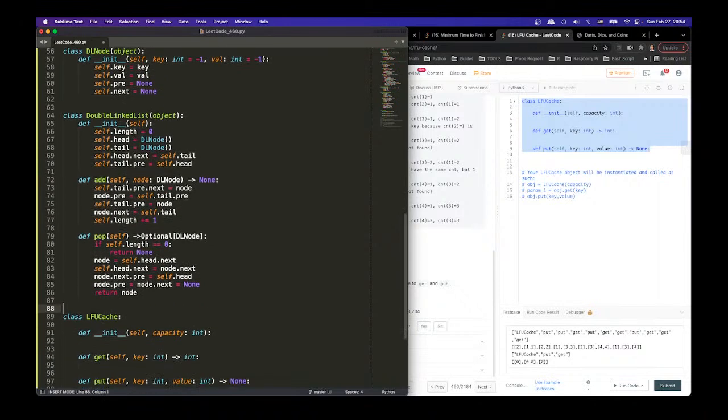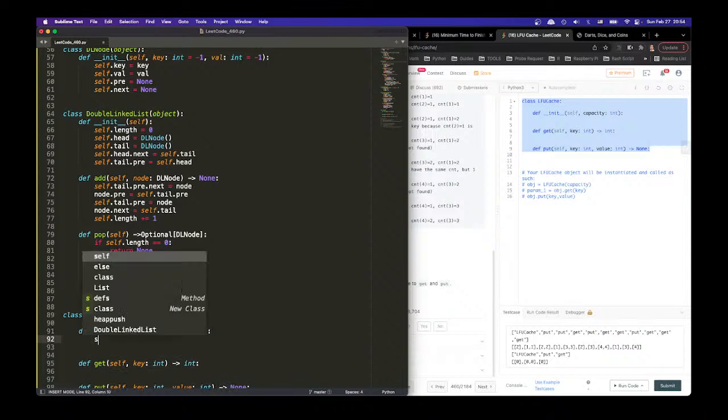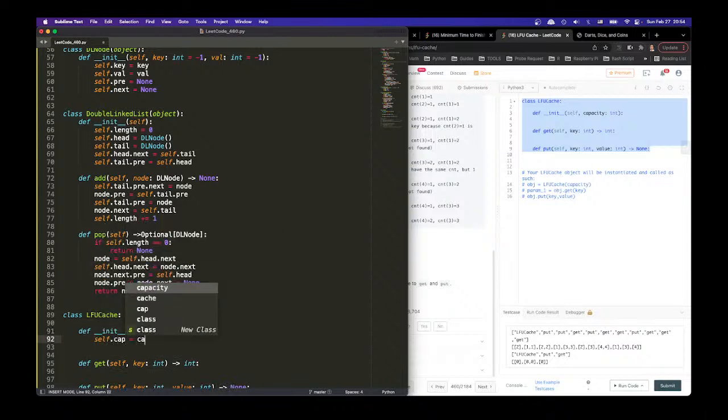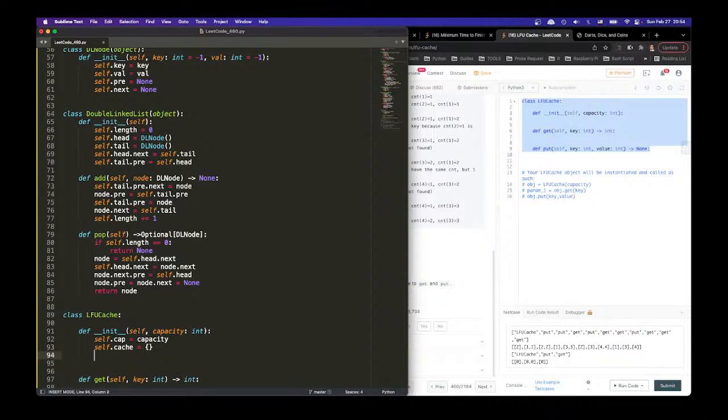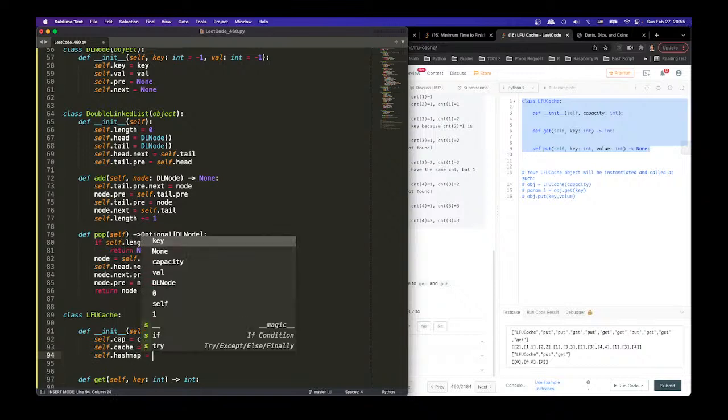Okay, that's double linked list. Okay, now the fun just began. All right, we have capacity, self.cache, which allows us to know where the node is. What else do we need to know? We need a hash map, right? Now, how about we set the hash map to a default dict. Can we set a default dict?